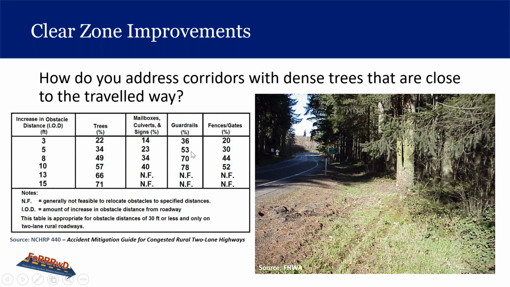Also guardrails and fences or gates, but incrementally moving it away from 3 feet, 5 feet, 8 feet, we get a bigger crash reduction, because we saw at the beginning of this that if you get objects that are 30 feet away from the traveled way or more, you can eliminate 80% of these crashes.